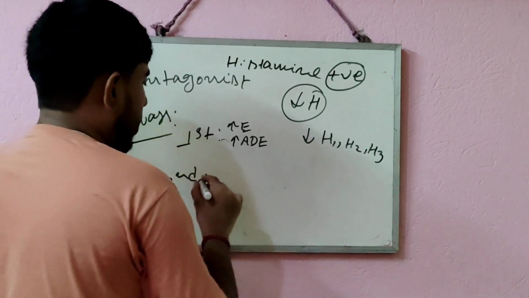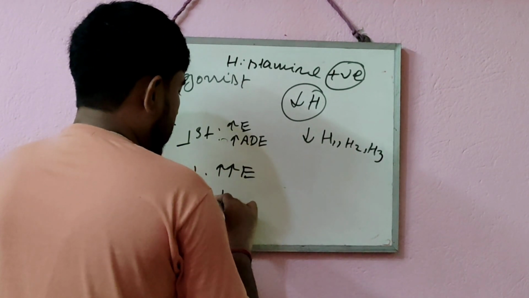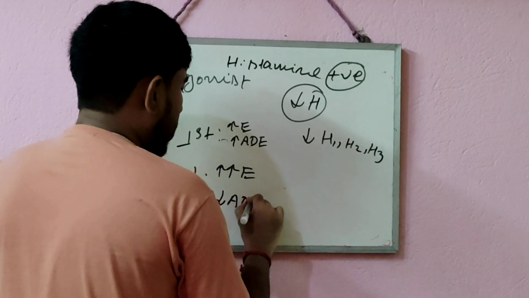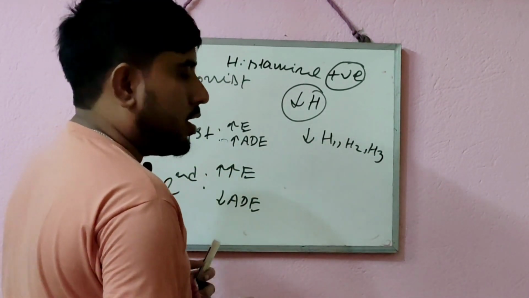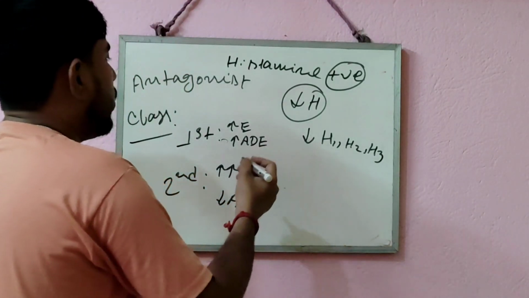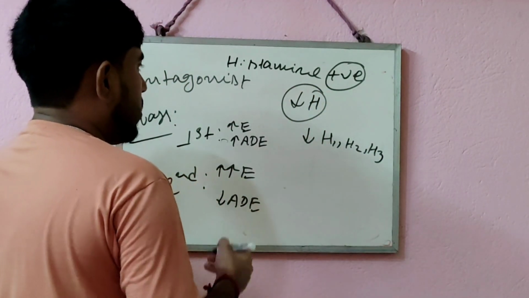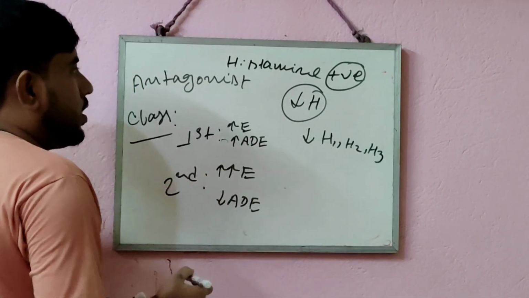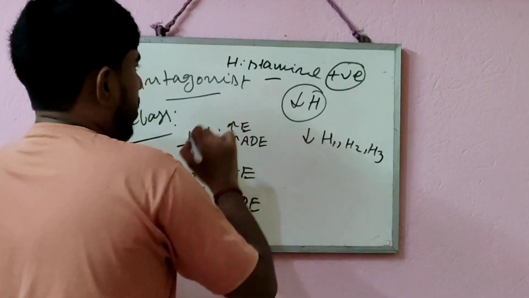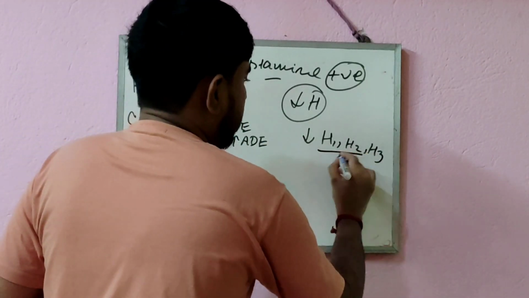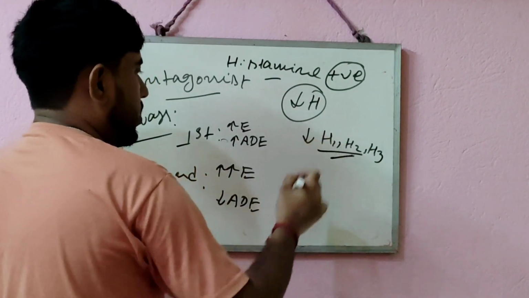But in case of second generation, effectiveness is very high and adverse reactions are very low or negligible. According to that, first generation and second generation drugs do the opposite action of what histamine does in our body. That's why all these drugs are called histamine antagonists or histamine receptor blockers, because they inhibit the action of the H1, H2 and H3 receptors.